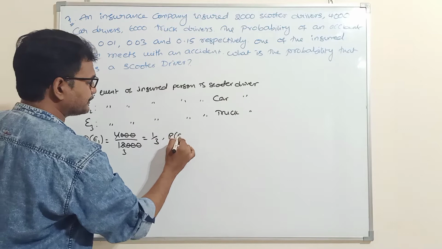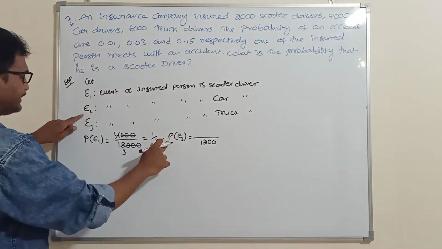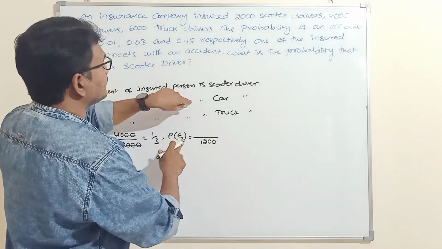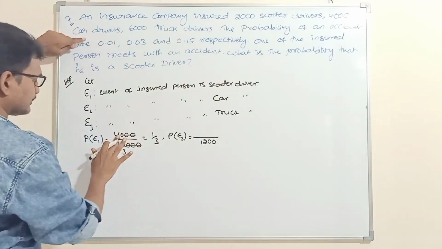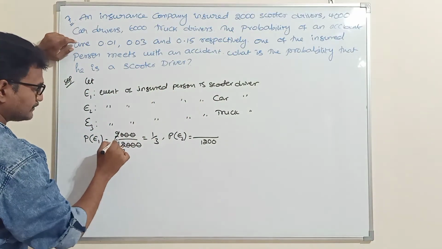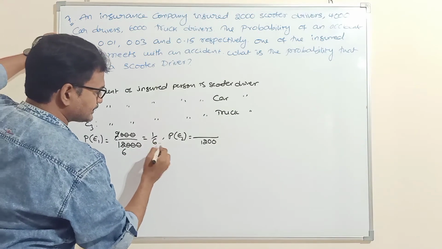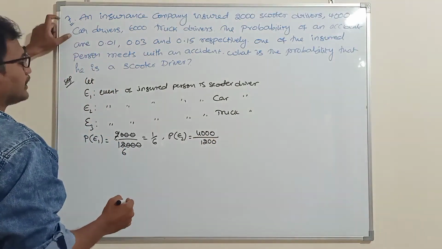Similarly, P of E2 out of 12,000, the probability of selecting a person who is a car driver. So how many car drivers are there? 4000. Sorry, here this is 2000, this is 1 by 6. Here 4000 car drivers are there.